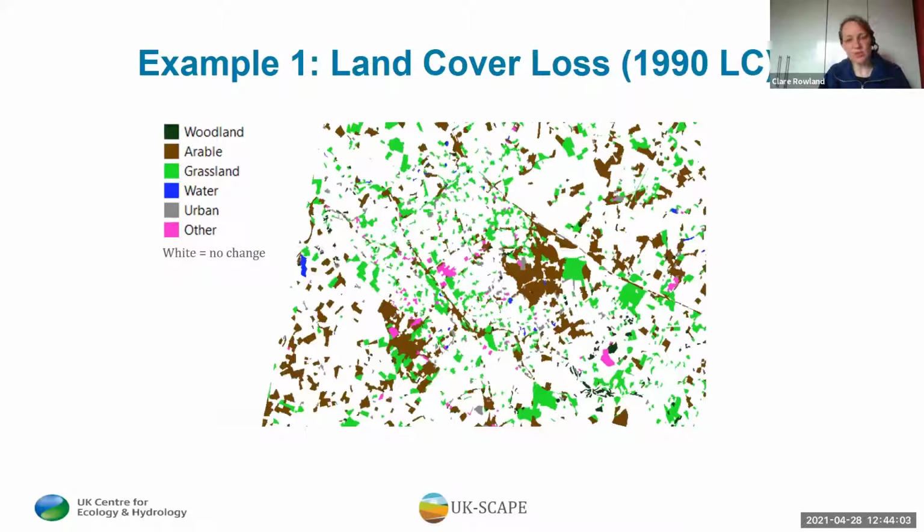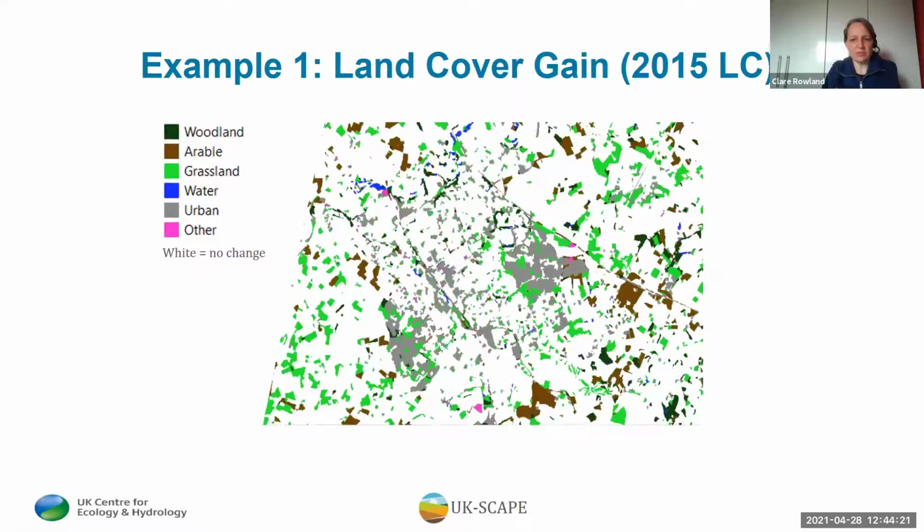But actually, it shows the change quite nicely. So this is basically what the land cover map was in 1990. Where it's white, things haven't changed. Where there is a colour, the colour shows what it is in 1990. And if I move to the next slide, we'll see what it's changed to in 2015.